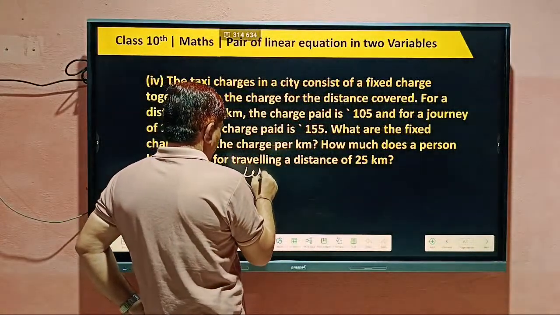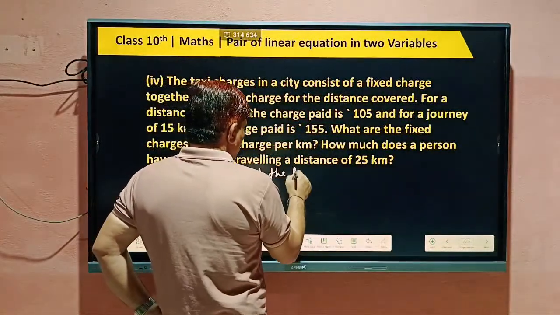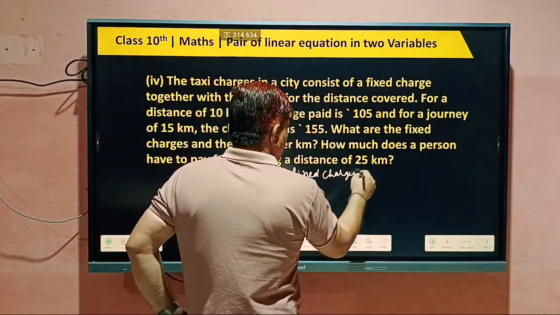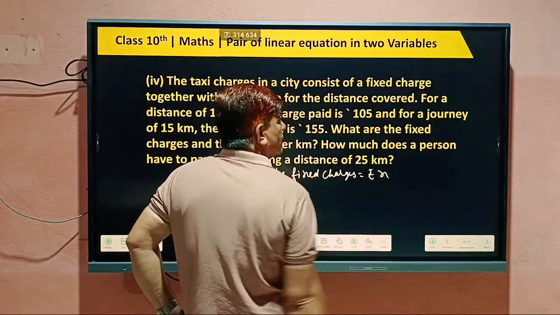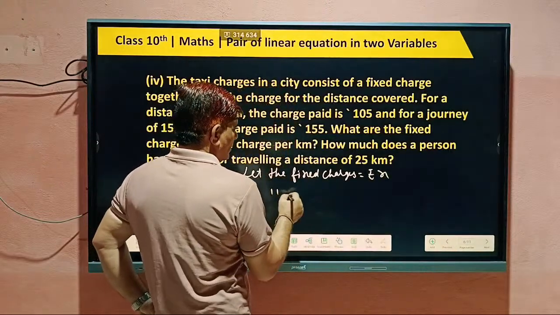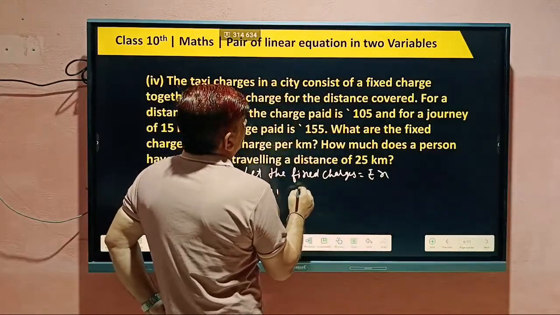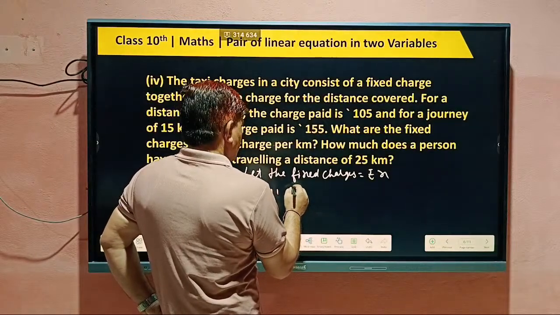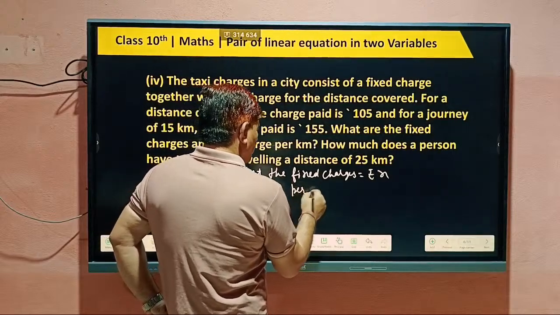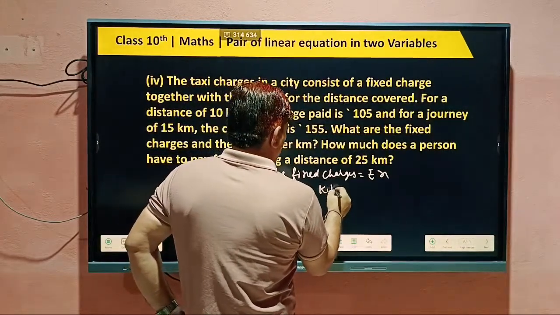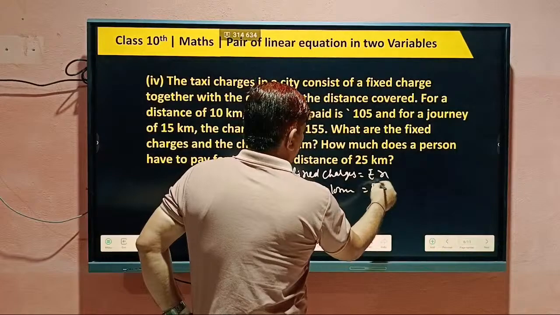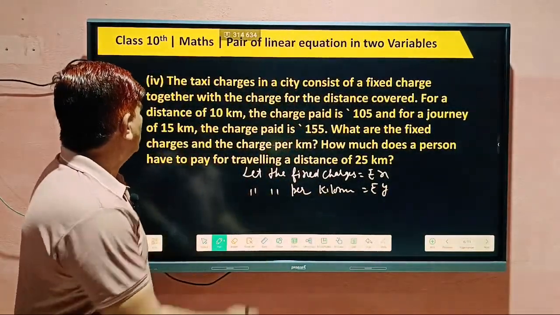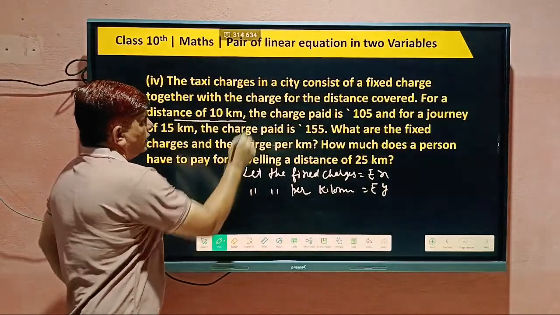Let the fixed charges be rupees x. Let the charges per kilometer be rupees y. One person covers a distance of 10 kilometers.